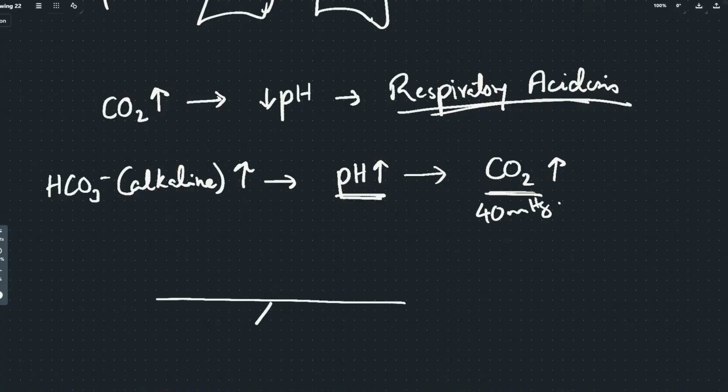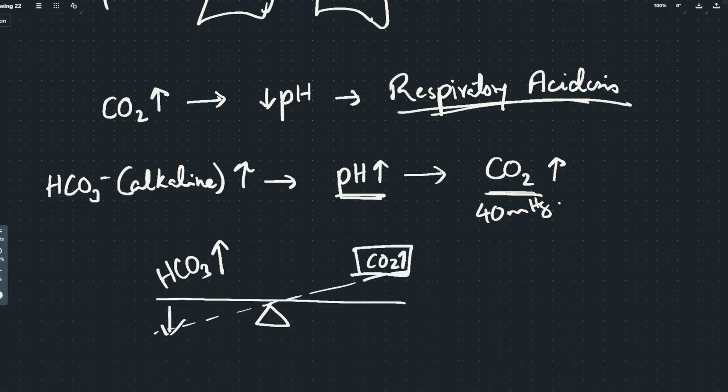If we draw a seesaw, and HCO3 is increasing, trying to take the body towards alkalosis, then CO2 would increase as well. So CO2 will increase, and pH might become normal or at least near normal.